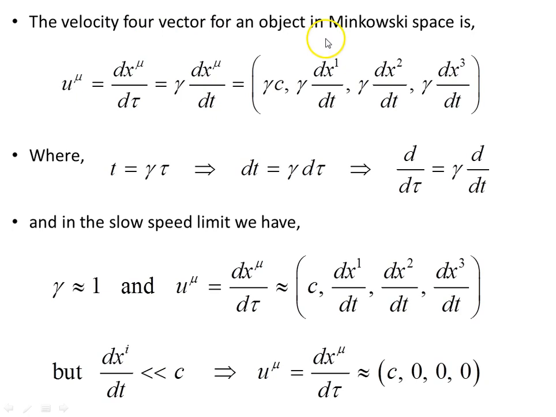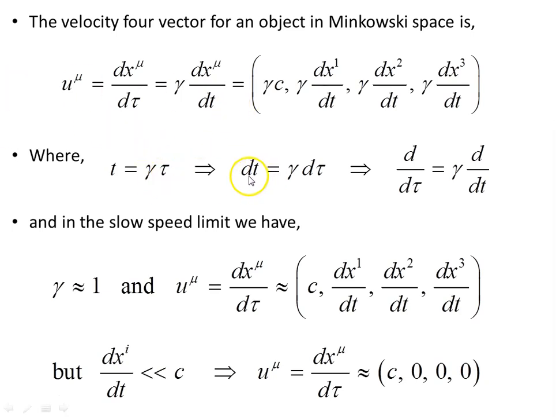Now the velocity 4-vector for an object in Minkowski space is u mu equals dx mu d tau, which is gamma times dx mu dt, proper time and coordinate time here. An observer seeing something go past at a speed where gamma is significant will record these coordinates for the object passing by, where the coordinate time is gamma times the proper time, and proper time is the time measured by the object carrying a clock with itself.